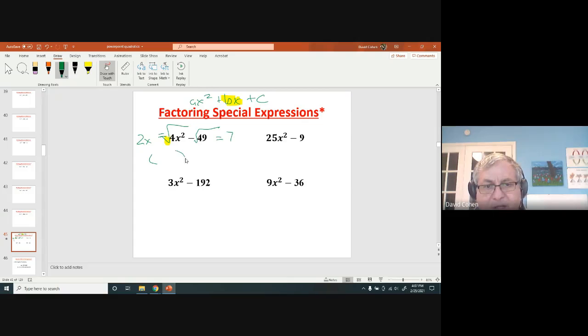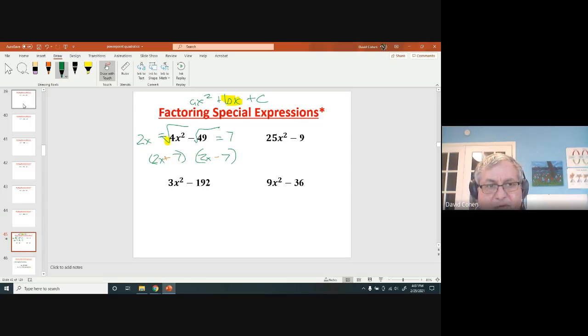And why it's called a difference of squares is because we're going to have one value that's plus and one that's minus. And those middle terms, the outside and the inside, will cancel each other. So we'll have 2x plus 7 and 2x minus 7.